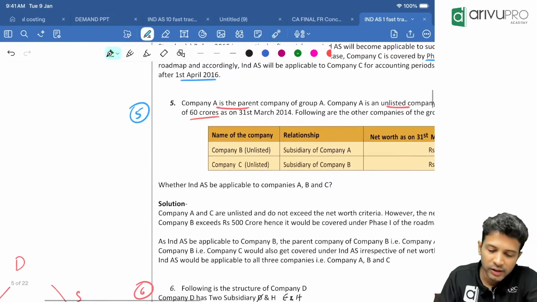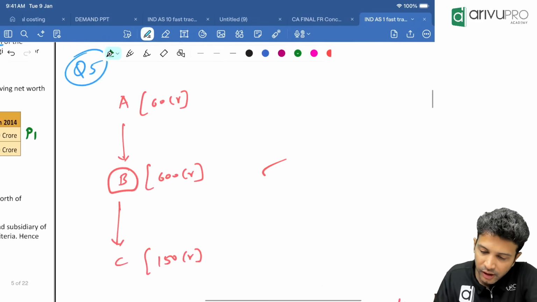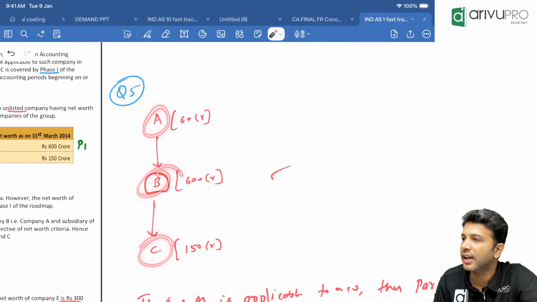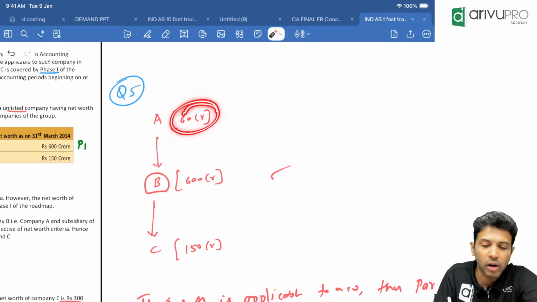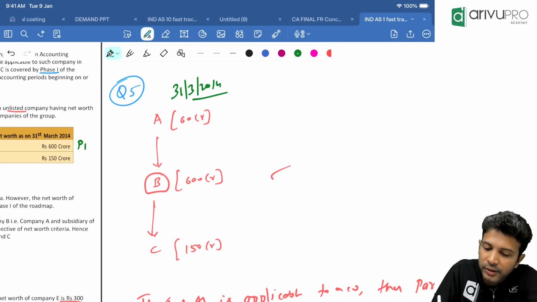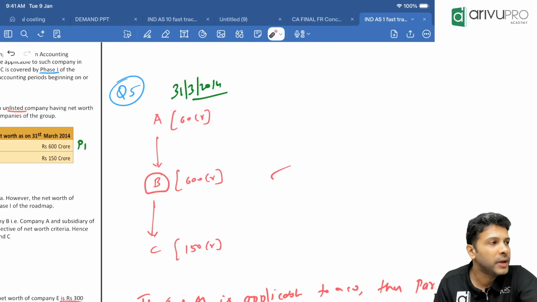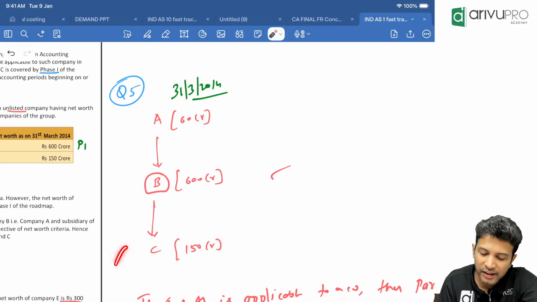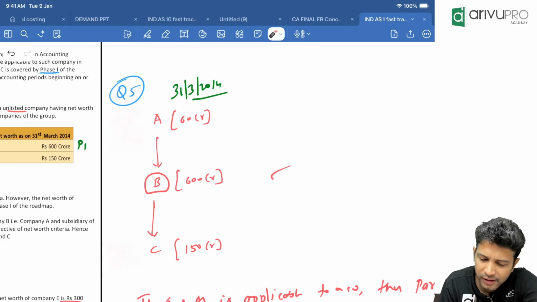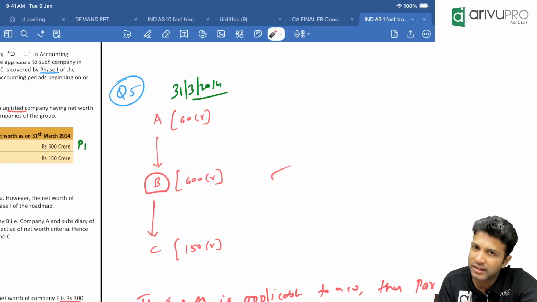Here A has a subsidiary B, B has a subsidiary C. All of this data is as on 31st March 2014. A's net worth is 60 crore, B's is 600 crore, C's is 150 crore. So ideally A and C have failed the phase 1 limit because the net worth is not 500 crore. But it doesn't matter, if B satisfied, no?